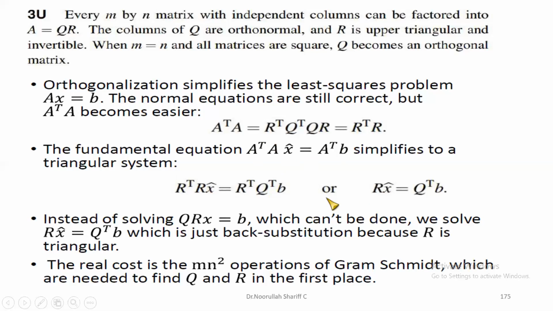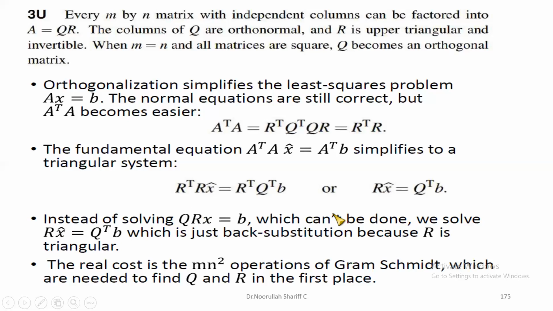R transpose here and R transpose here will go. So we are just left with R x hat is equal to Q transpose B. So instead of solving QR x equal to B, which can't be done, we solve R x equal to Q transpose B, which is just back substitution because R is triangular.